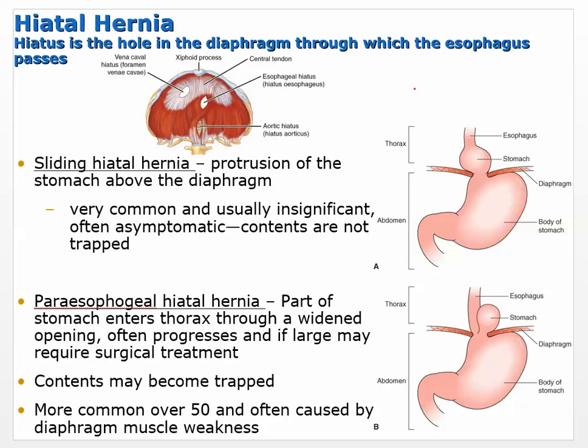There's also something called a hiatal hernia. So your diaphragm, and this is looking up. Imagine you were looking up from where the intestines are in the peritoneal cavity. You can see that the diaphragm covers this whole rib cage, where the ribs are, and kind of hooks onto the sides of these, and covers that whole area.